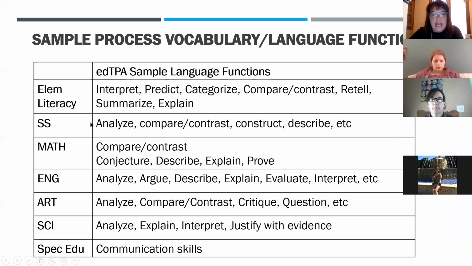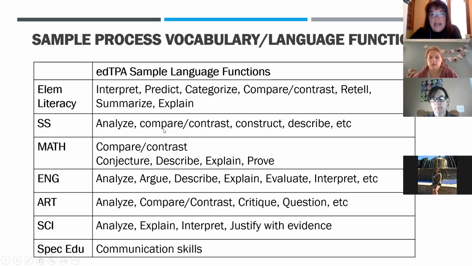In elementary literacy, if you're teaching 3rd grade, it's summarize and retell. Those are things you probably did if you're teaching a literacy lesson. So you want to think about, how did I have them summarize? How did I have them retell? Then you connect that to your learning objective. Your learning objective will list this process vocabulary with the language demand, or they call process vocabulary language function.